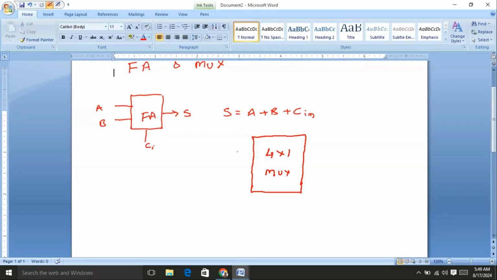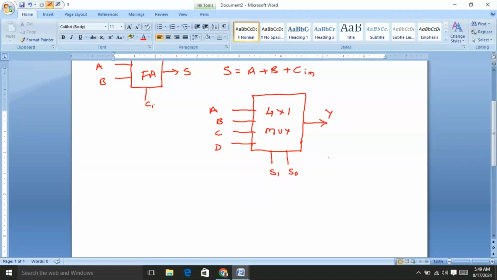That means it has four inputs: A, B, C and D, two selection lines S0 and S1 to determine which input is turned into the output, and one output known as Y. The value of Y is determined by the selection lines S0 and S1.